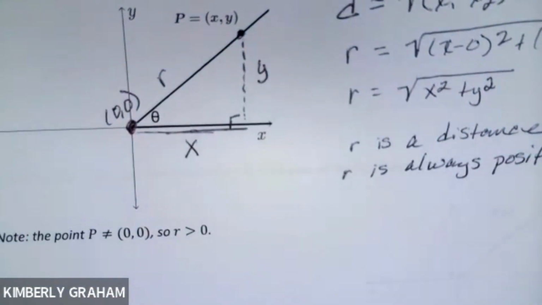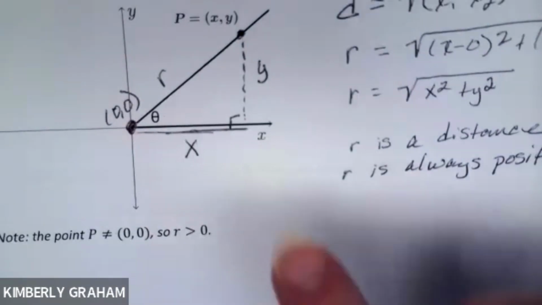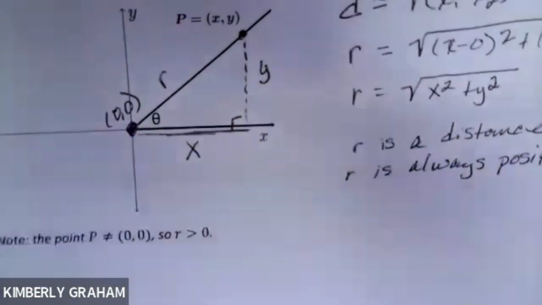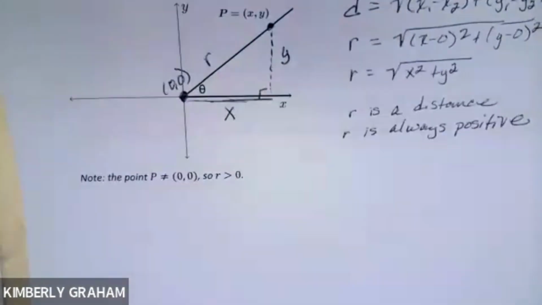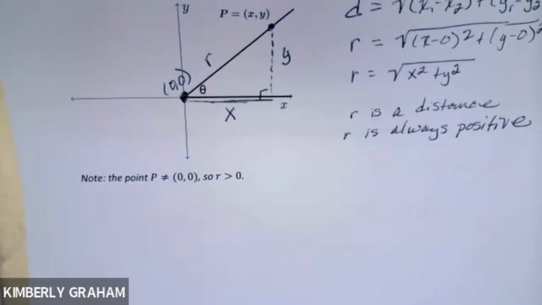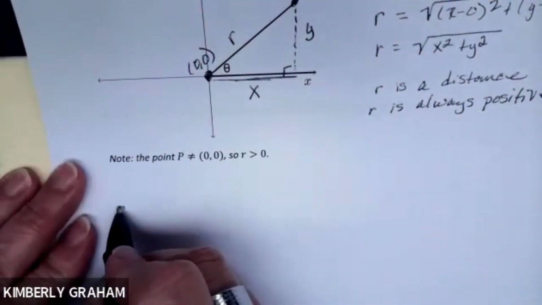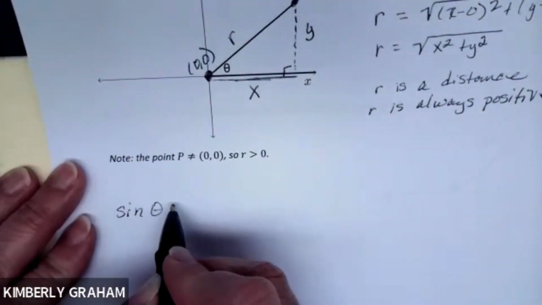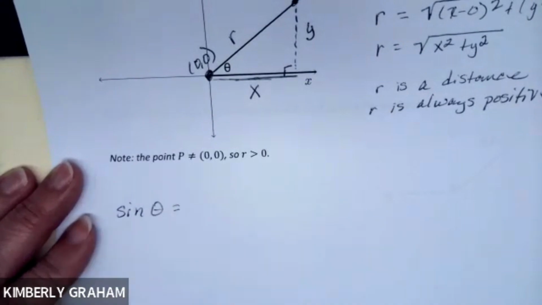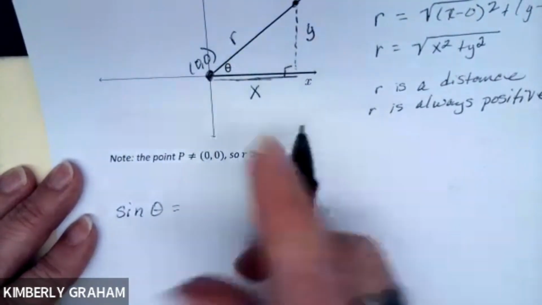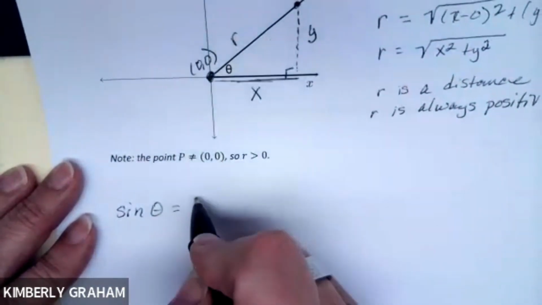So we are going to use these three distances to come up with new formulas for sine, cosine, and tangent, and then cosecant, secant, cotangent. My sine theta has always been opposite over hypotenuse, but now it's going to be y over r.